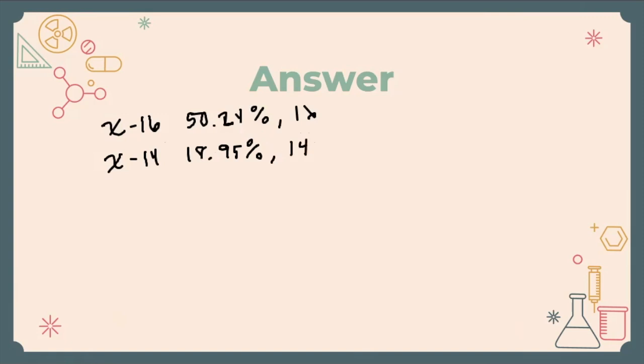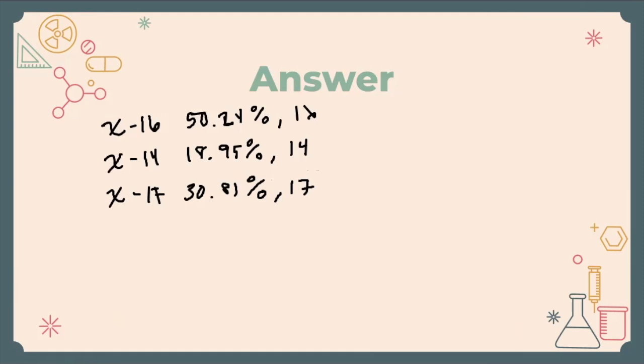And then we have isotope X17, excuse my handwriting, that is 30.81% and has a mass of 17.